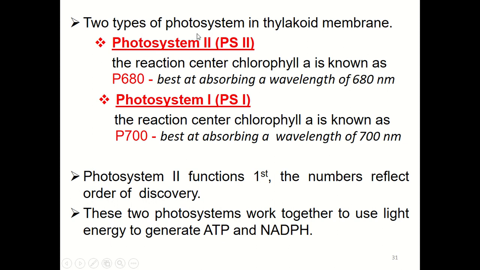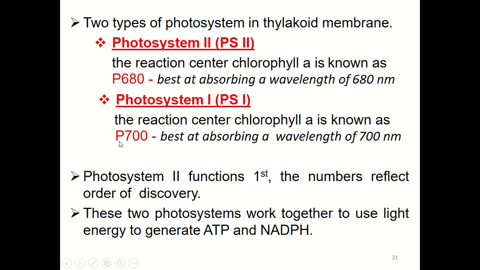There are two types of photosystem: photosystem 1 and photosystem 2. Photosystem 2 absorbs light at a wavelength of 680 nanometers. That's why it is also known as P680. Meanwhile, photosystem 1, in the reaction center, absorbs light at a wavelength of 700 nanometers.